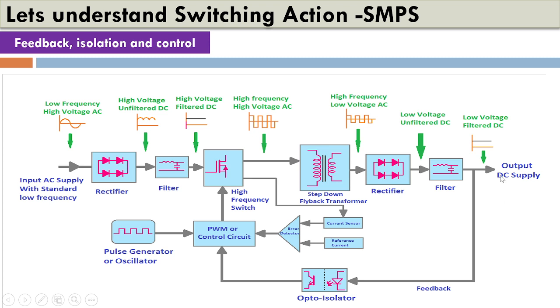When that happens, there is a feedback path which will sense the error that is being generated, and that error can be rectified by the control circuit by switching the transistors. The switching speed of the transistor will be increased in order to compensate for that, and vice versa. And here we can see the feedback is usually provided by opto isolators or opto couplers.